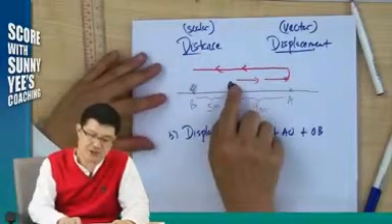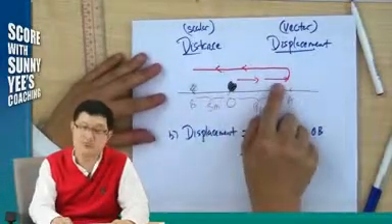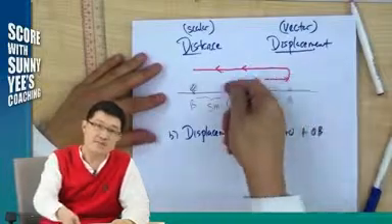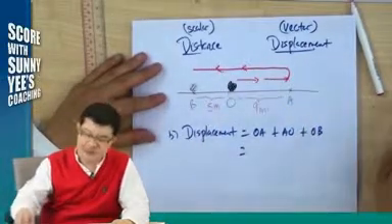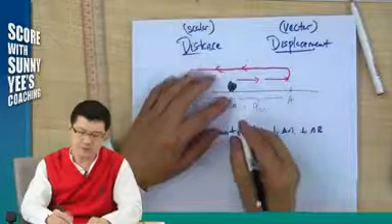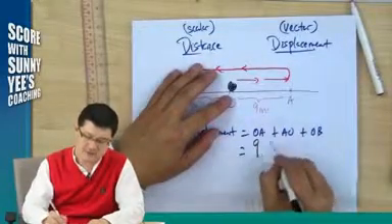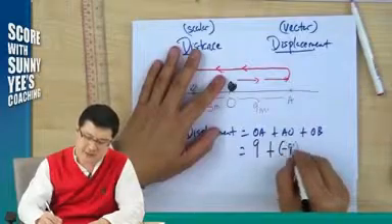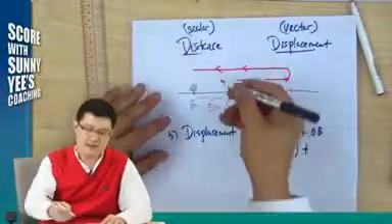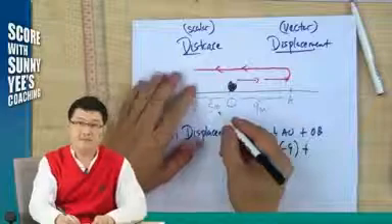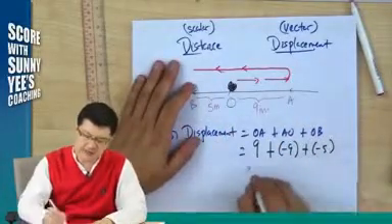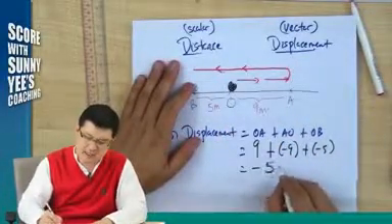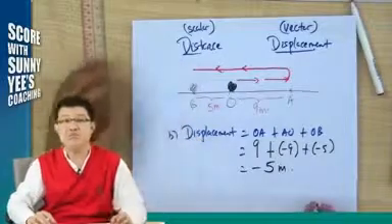My initial direction is to the right, so that will be positive. Once it turns back, that will be negative. So in this case, positive 9, plus going back in the opposite direction, negative 9, plus going back again by 5, negative 5. So my final displacement is negative 5 meters.